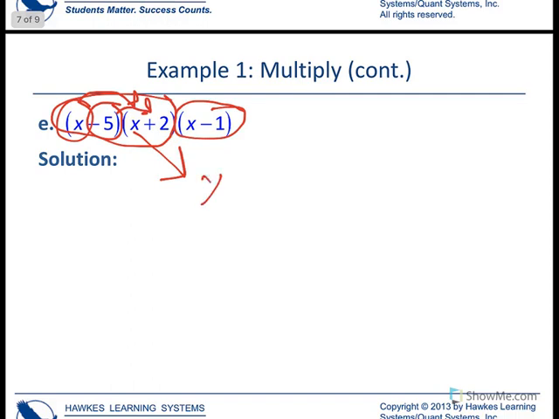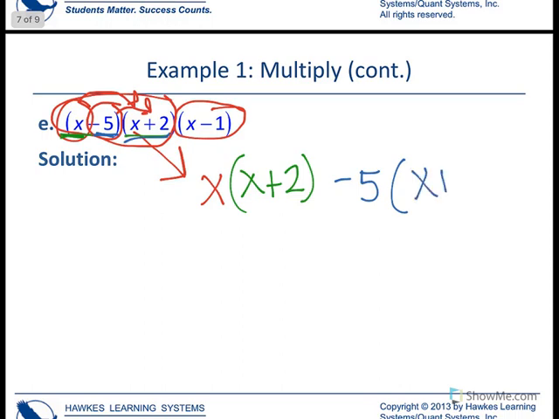So I'm going to do x, and I'm getting that x from right here. So do x, and then I'm going to do x plus 2, and I get that from here. And then I got the negative 5, so I got negative 5, and then I'm going to multiply that by the same term, and I'm going to distribute that to both of those terms.